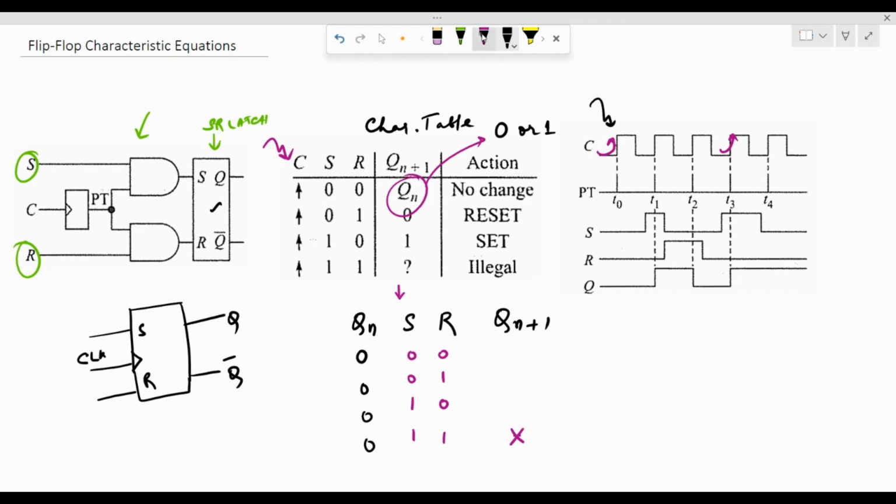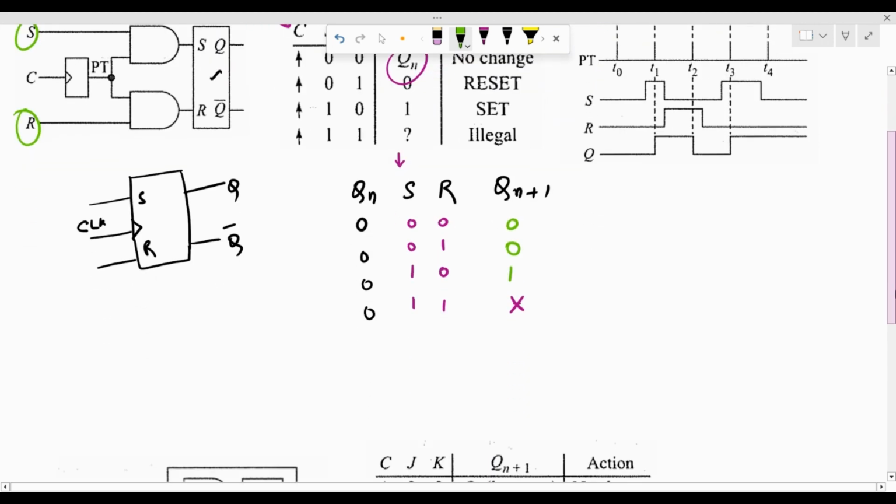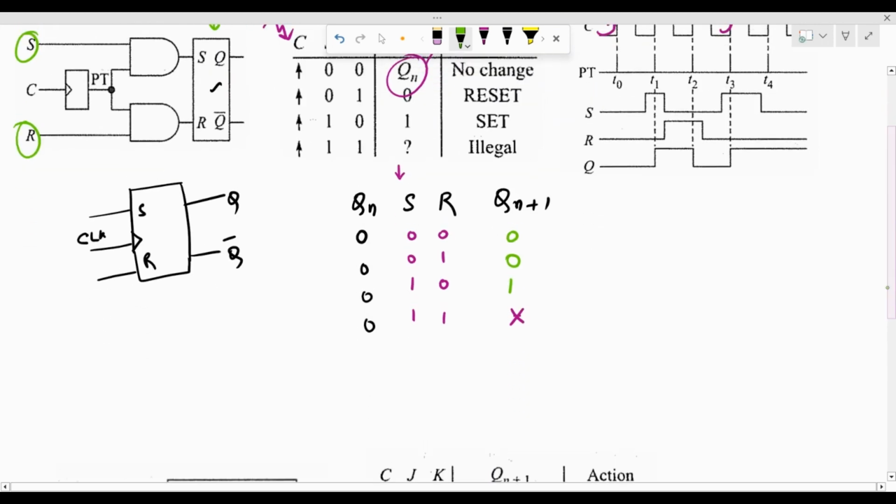According to this characteristic table, we can fill it up as 0, because the previous state was 0, so the next state will also remain 0 when the input is 0 0. When it is 0 1, the next state will also remain 0 because reset is high. In this case, Qn was 0, it will become 1 because set is high. In this manner, I can write some more values.